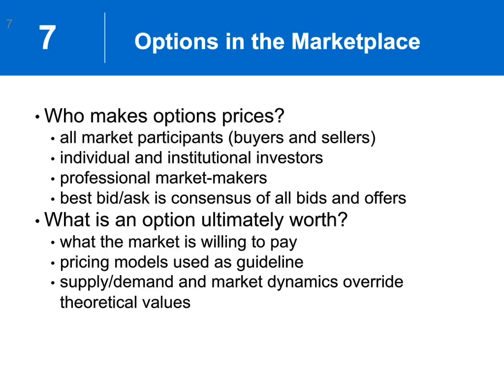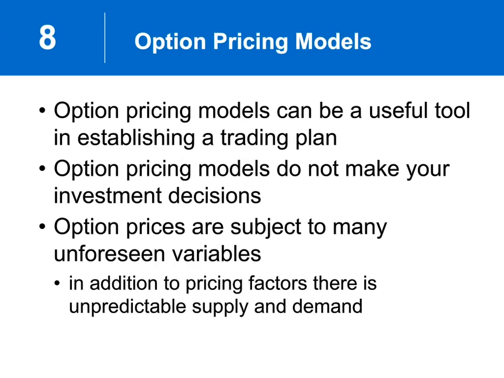Obviously, option models can be used as guidelines for option prices, but those guidelines are driven by different factors that we're going to go through tonight, and those factors change, and that's what allows the dynamic movement of option prices.